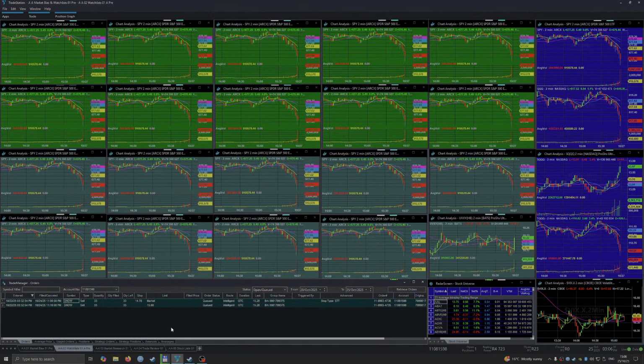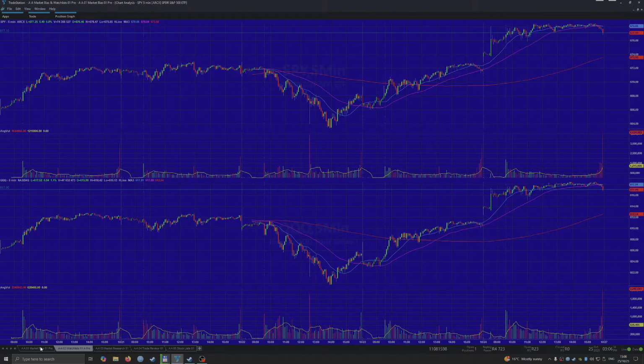So if I was day trading, I would use, first of all, this page to see what I expect the market to do. It doesn't always work out like that, but you should have an idea of what you expect the market to do. Could be wrong, could be right. You hope you're right, but you should at least have an expectation and a plan to match that expectation.